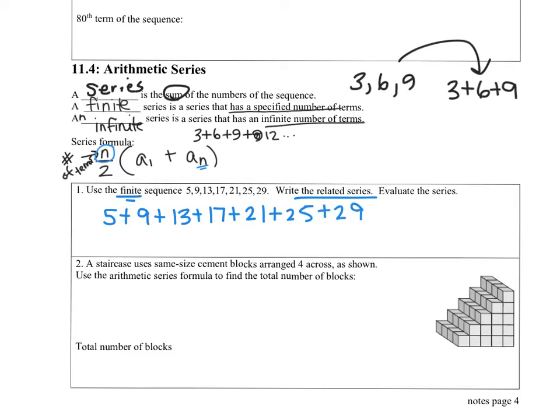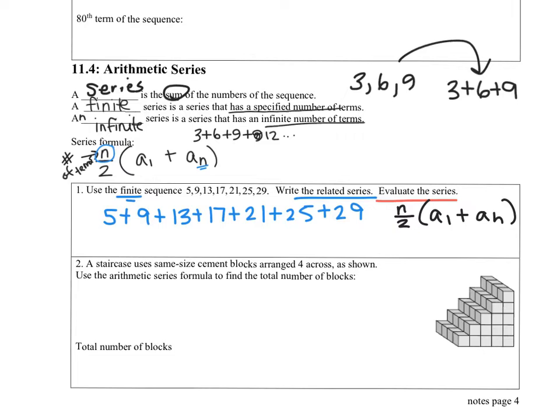If you have to evaluate the series, that means you need to figure out the sum. You can either add these up on your calculator, or I'm going to solve this using the formula: n over 2 times a sub 1 plus a sub n.